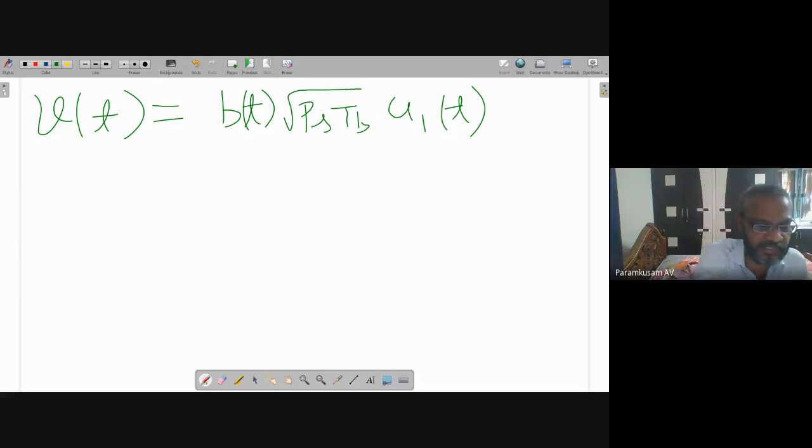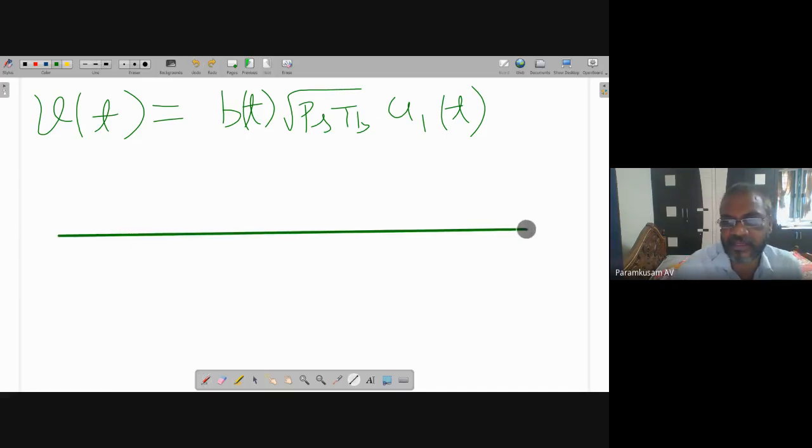The signal space representation is not, but let us take an axis such that this is U1 of t. You try to understand that. This axis represents U1 of t, not time axis, U1 of t.